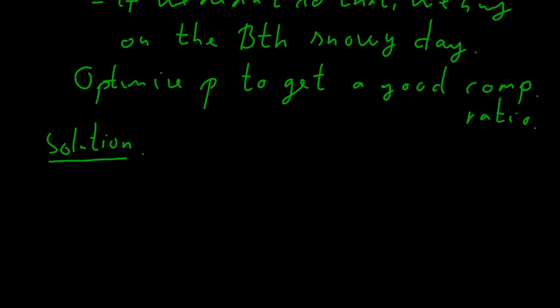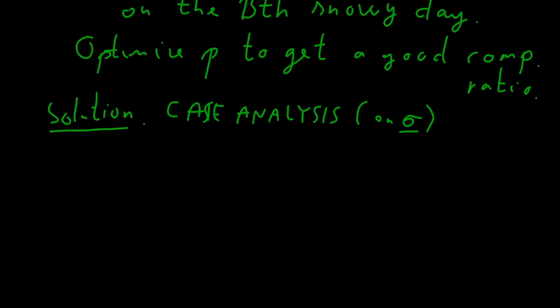Again, we are just doing a case analysis, of course, on all the possible inputs. So it doesn't really matter that you have now a parameter b. It doesn't really matter you have a parameter p. You are usually doing a case analysis.